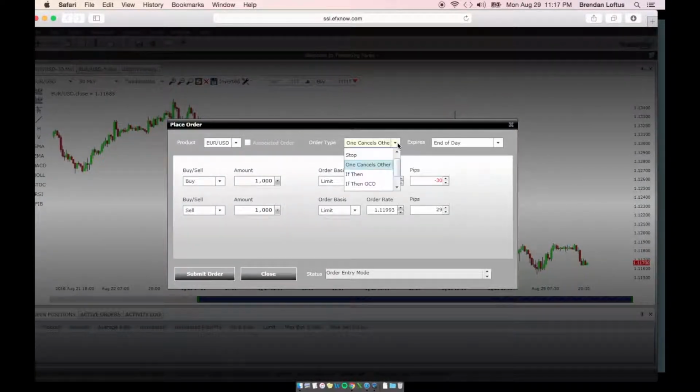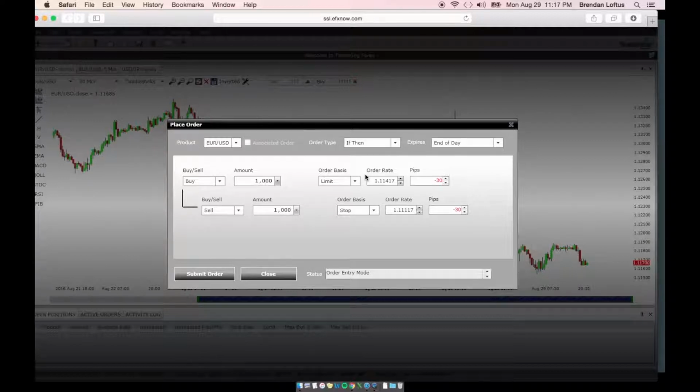So let's look at an example of what this looks like. So this is going to be an if-then order. So this is set up pretty well. So this is a limit order. So essentially what this does is, if the euro dollar price reaches this price, a buy order will be executed, while simultaneously a stop loss sell order will be placed at a level below that pair, effectively protecting your downside.